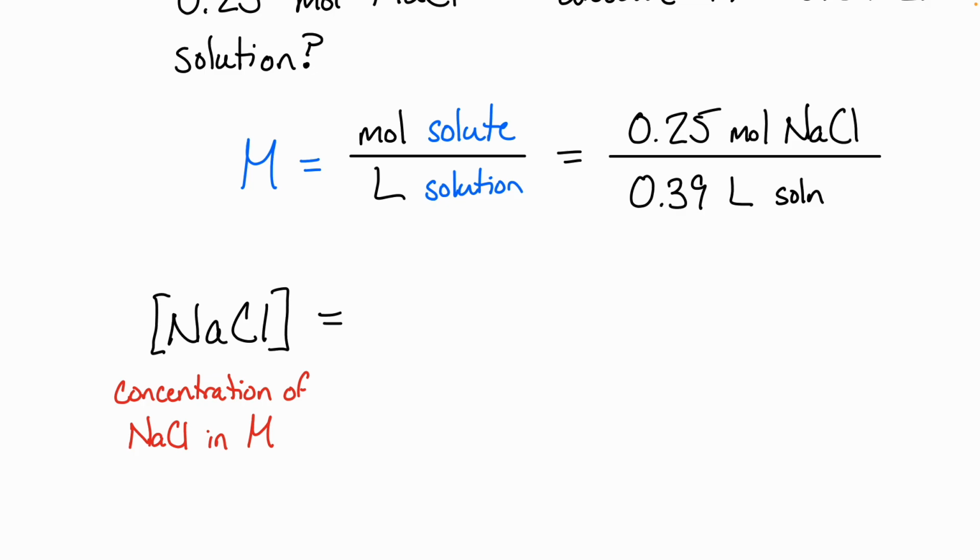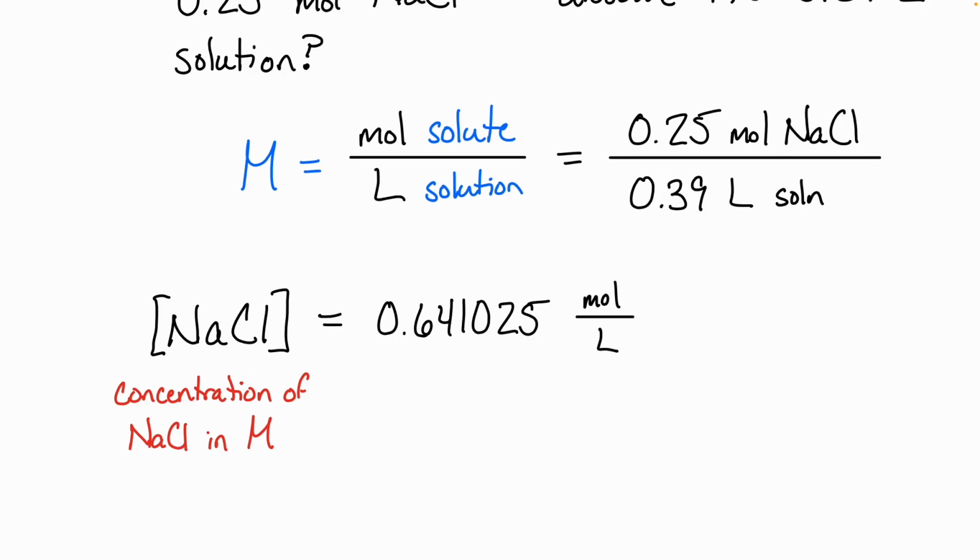So I'm going to punch this into my calculator here. 0.25 divided by 0.39. I get 0.641025. Just a bunch of extra digits. And my units here, moles divided by liters, does anything cancel out? No. So I'm left with those compound units of moles over liters. All right, which is the definition of that big M molarity. So you can either put moles over liters, or you could put that big M. They mean the exact same thing.